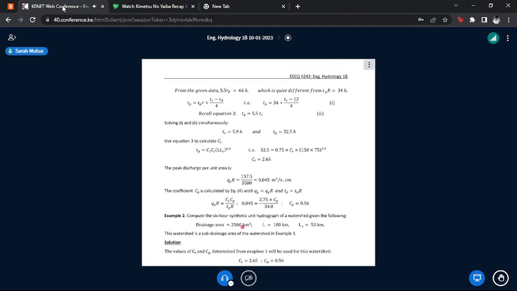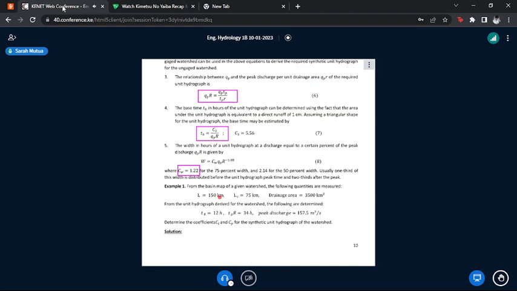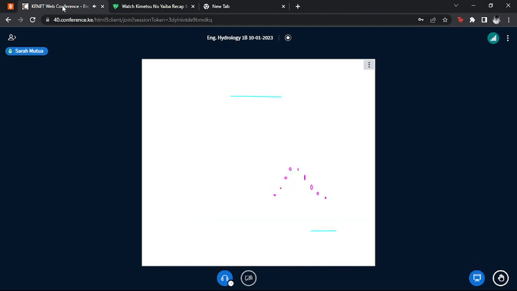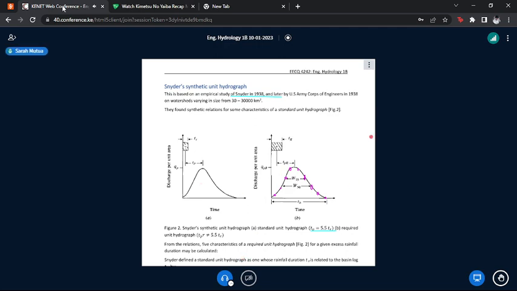Remember, what are we required to determine? We apply those equations so that we can calculate. In order for us to develop the required unit hydrograph, we need QPR, the peak flow. We need TB, and we need W50 and W75.